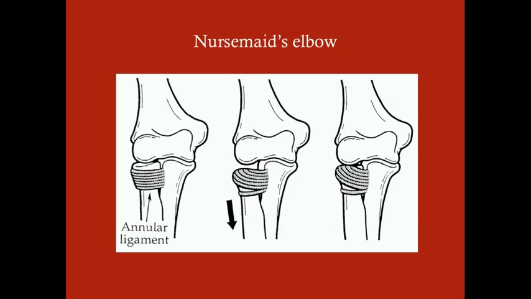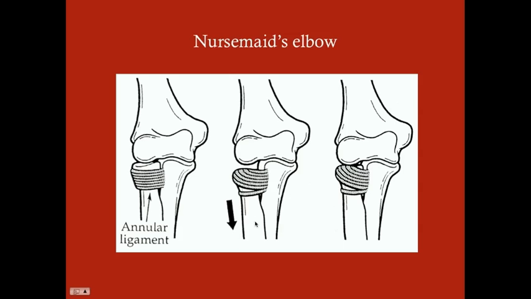So you're going to hypersupinate the arm, and the kid's not going to like this. But you're going to supinate the arm, and that's going to get the radial head into the appropriate position, and then you're going to apply inward force at the wrist, and that means you're just applying force in the proximal direction, so the exact opposite direction of how the injury happened.